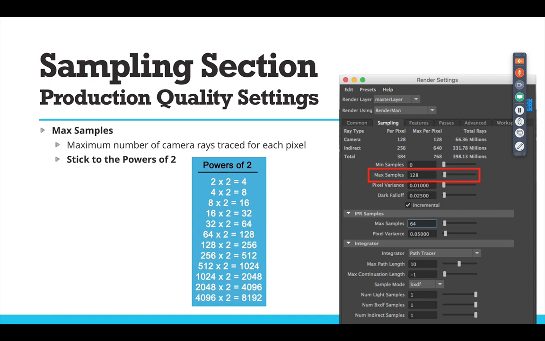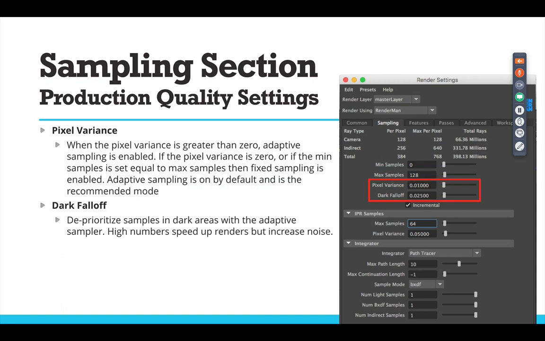All right, so min samples, max samples. Pixel variance. This is where you can turn your renderer from adaptive rendering into what we call fixed rendering. So, when the pixel variance is greater than 0, you are doing adaptive sampling.